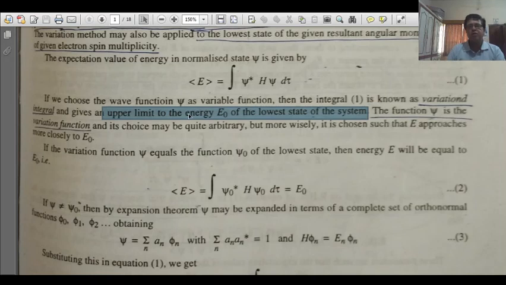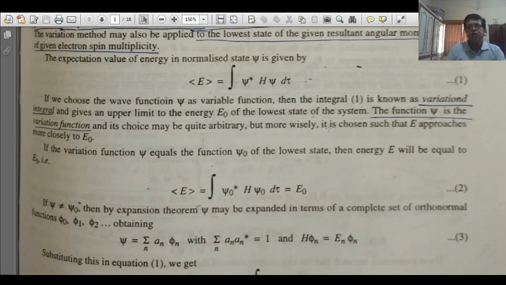What is energy E0? It is the lowest state of the system, and the result is E greater than or equal to E0. The function psi is the variation function, and its choice may be quite arbitrary. But more wisely, it is chosen such that E approaches more closely to E0.